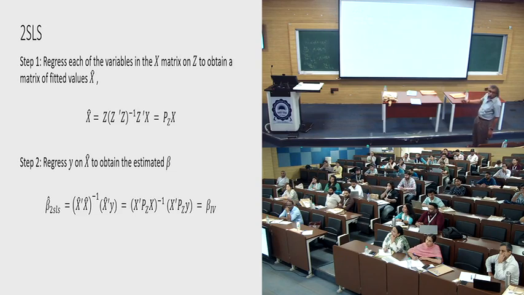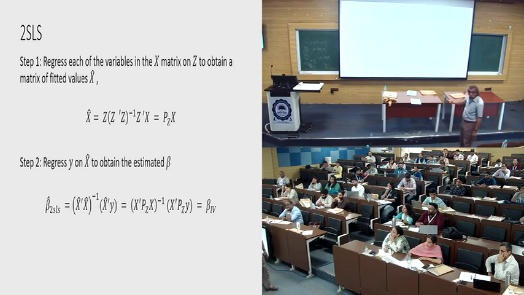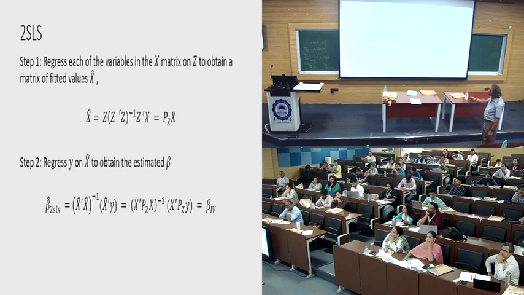So beta hat 2SLS uses the predicted value X hat: replace X transpose X inverse by X hat transpose X hat inverse, and wherever X transpose y was there, replace that by X hat transpose y. X hat is PZ X. Substituting, I get X transpose PZ X inverse, then X transpose PZ y, which is beta hat IV.